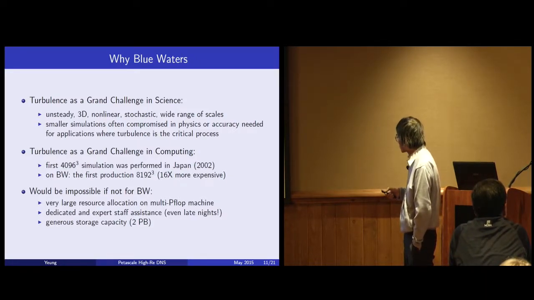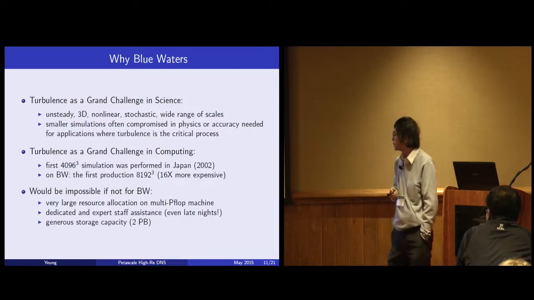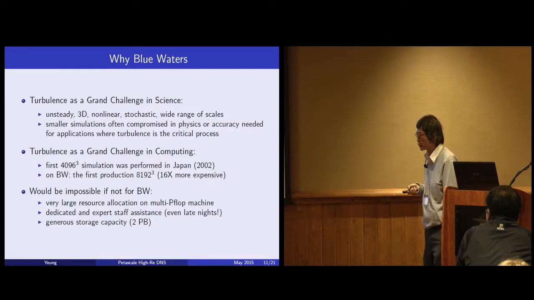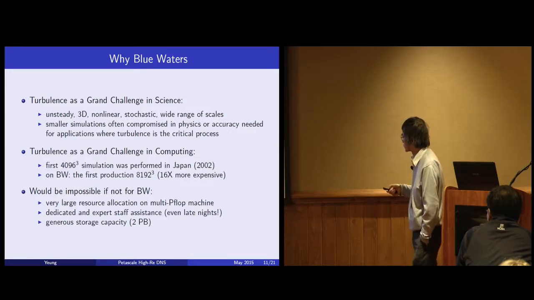We can also think about turbulence as a grand challenge in computing. Turbulence was one of the problems performed on the Earth Simulator in Japan in 2002. That sort of triggered the so-called supercomputers arms race, at least as far as the turbulence community is concerned. It took a long time for us to make progress from 4096 cube to 8192 cube, because it's 16 times more expensive.